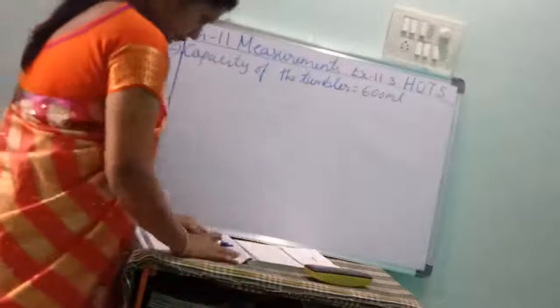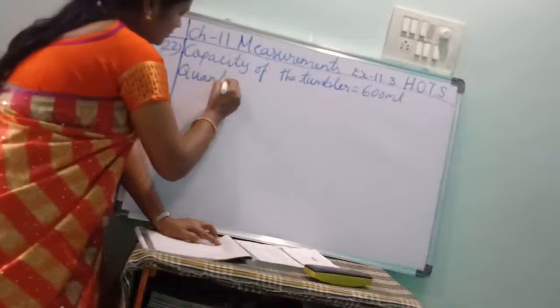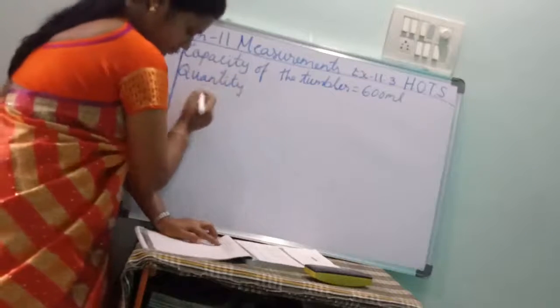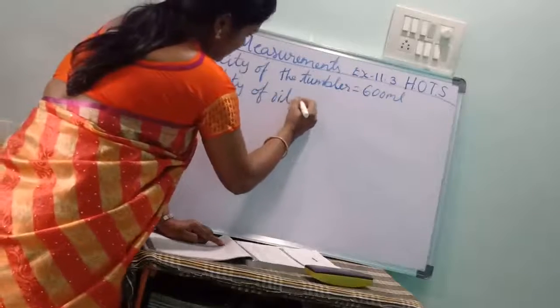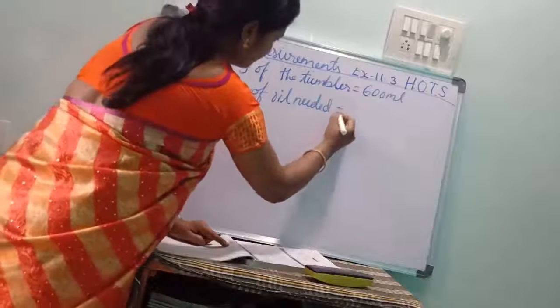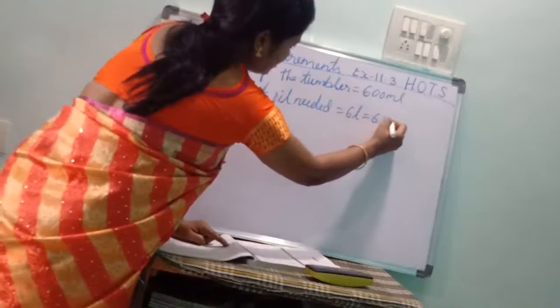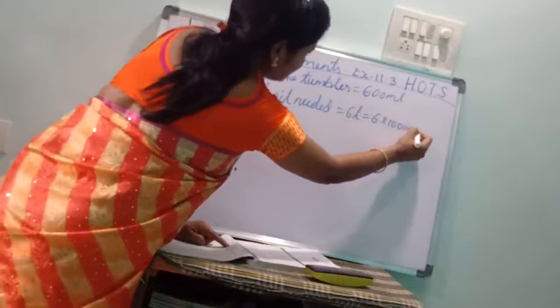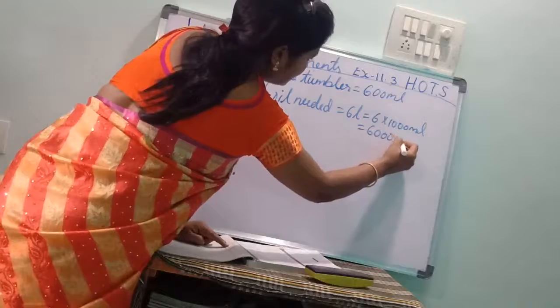Okay. Next, quantity of oil needed equals 6 liters, equal to 6 into 1000 milliliters, 6000 milliliters.